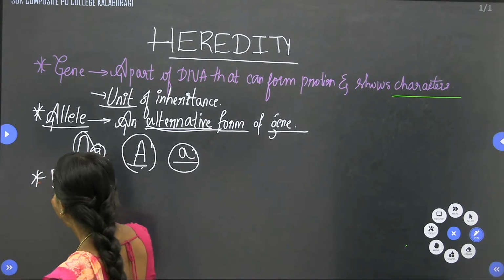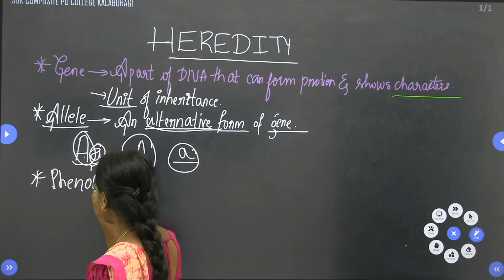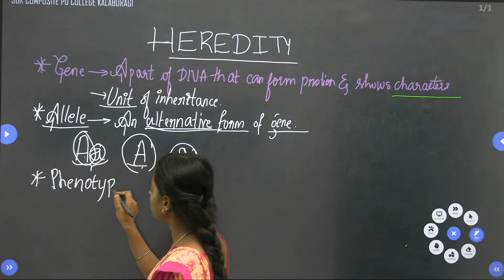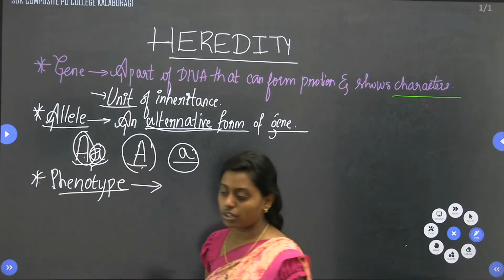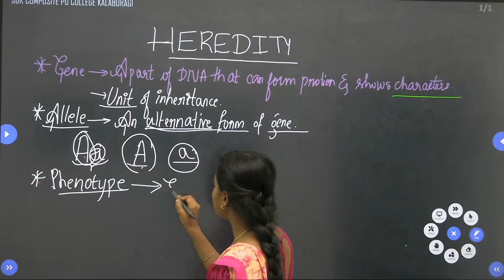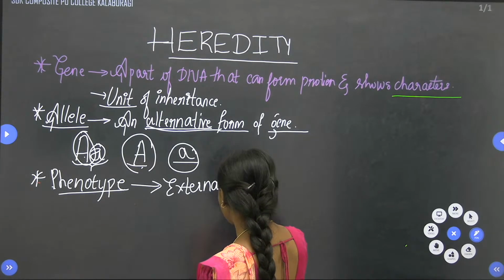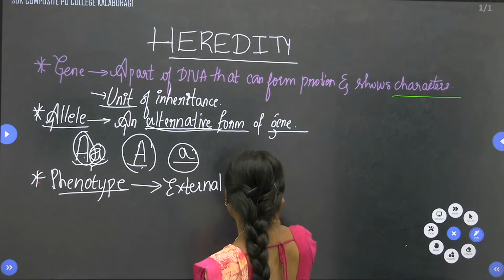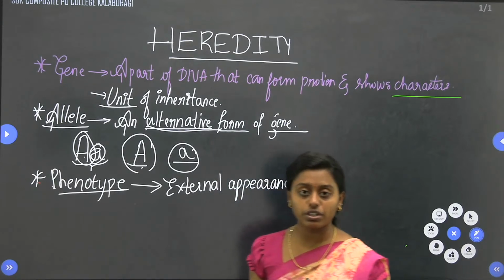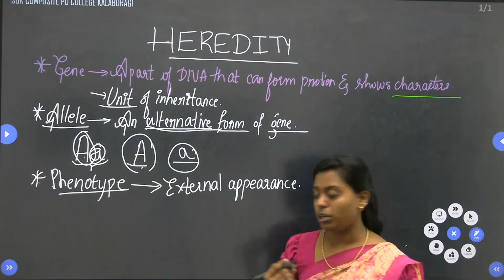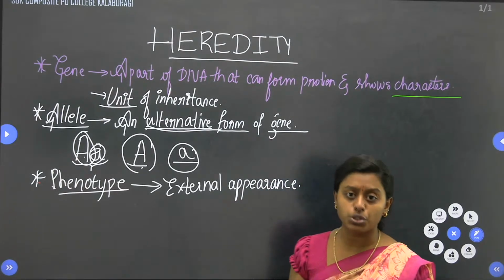Next one is phenotype. Phenotype refers to external appearance. External appearance of an organism can be considered as phenotype, which can be visualized.